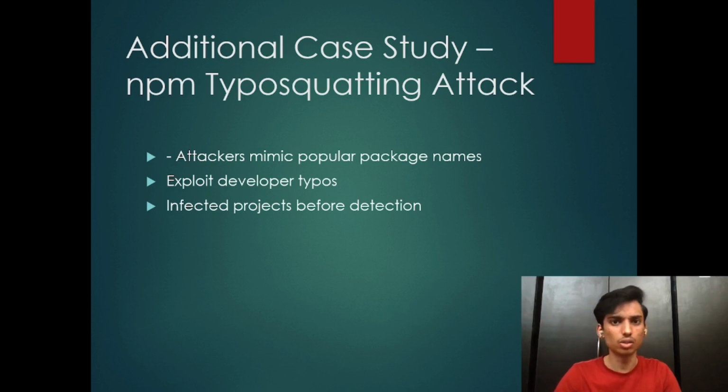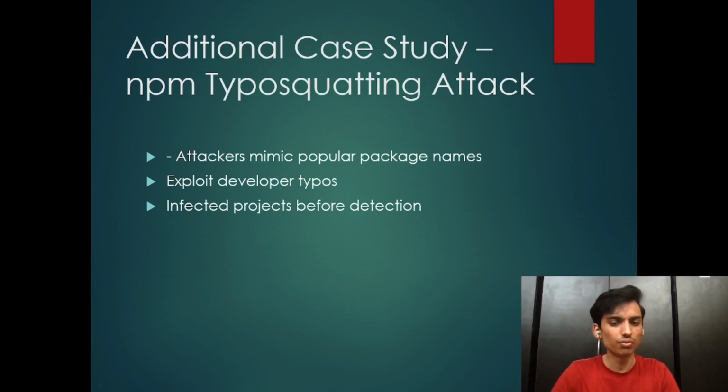If a developer unknowingly or mistakenly downloaded these misspelled package names, they would download a compromised version instead, thereby compromising the system as well as the project. This strategy infected multiple projects before security researchers detected and removed the malicious packages. In conclusion, this npm typosquatting attack highlights why even small mistakes in package selection can have major security consequences.